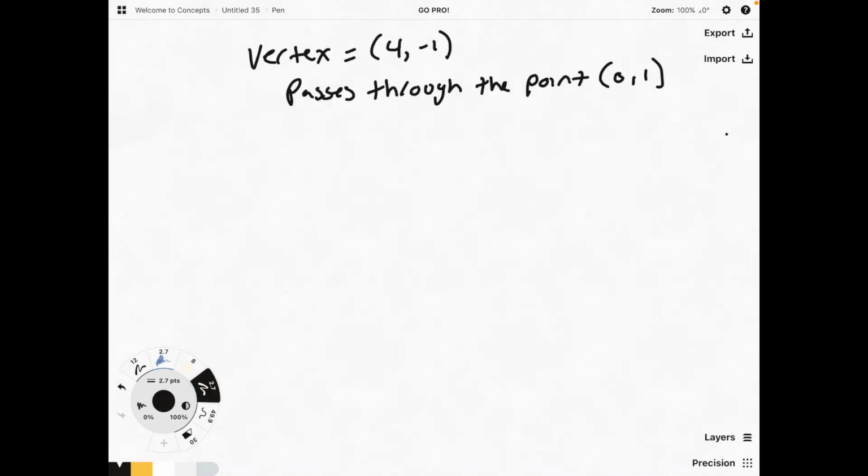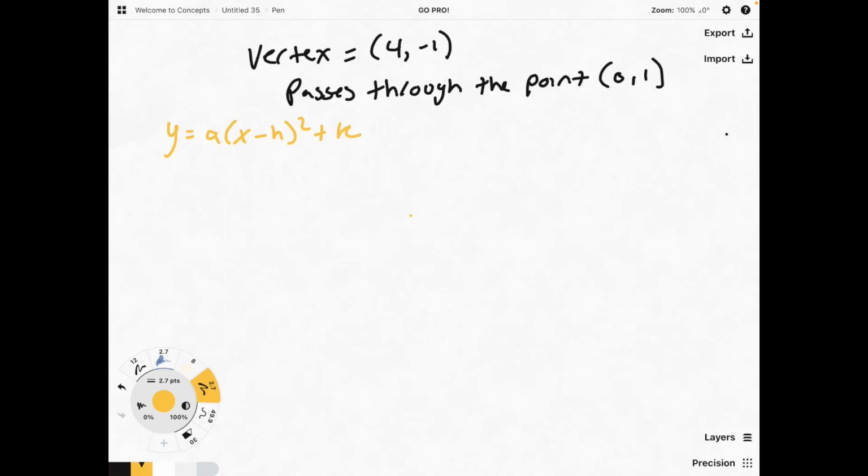Okay, looking at our next example, we have a vertex at (4, negative 1), and it passes through the point (0, 1). The question is to find the standard equation of a parabola that has these parameters. What we're trying to find is the standard equation for a parabola, which we know is y equals a(x minus h) squared plus k.